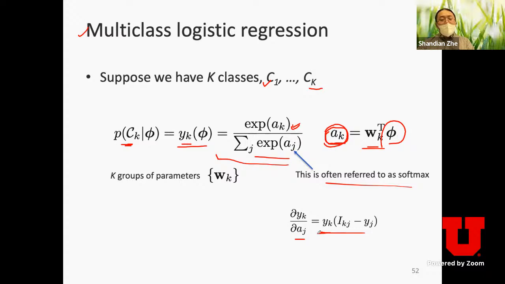So you can see that this is essentially related to an identity matrix. If K equals J, then IKJ is simply 1. If K is not equal to J, the off-diagonal elements in this identity matrix are simply 0. So this is also a known result from multi-class classification. And I suggest you guys derive it. It's just a practice of calculus, nothing else.